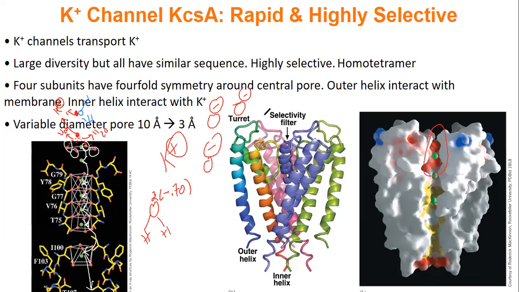And that's what's being shown there. 4 oxygens, each one with a charge of -1, right? And so the potassium is going to want to interact with these oxygens, and that's how it gets rid of the water. The energy penalty for getting rid of the water, it makes up for by interacting with these new negative charges, if that makes sense.